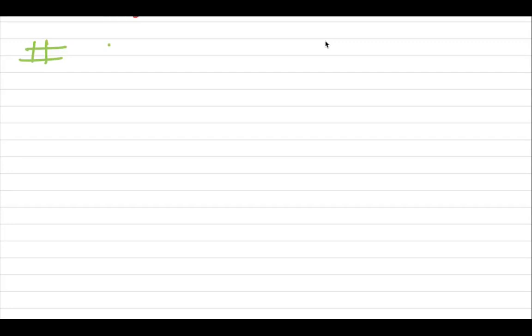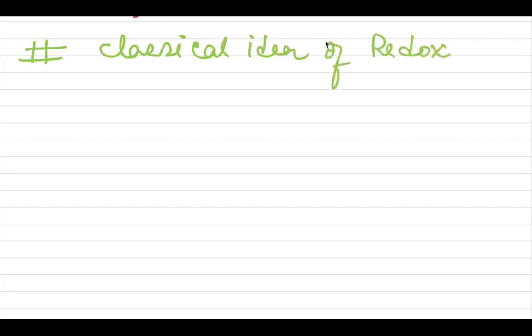So now we will learn the first thing, the classical idea of redox reaction. What do you think? What is the classical idea? What we have learned in junior classes?